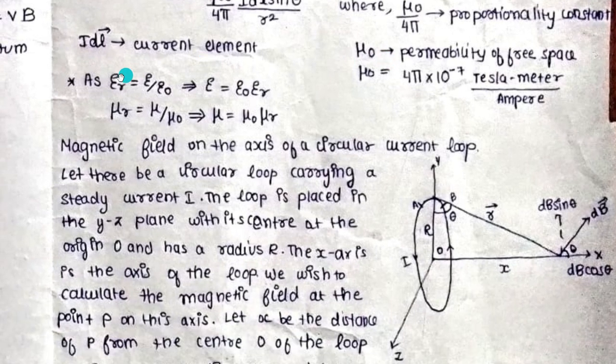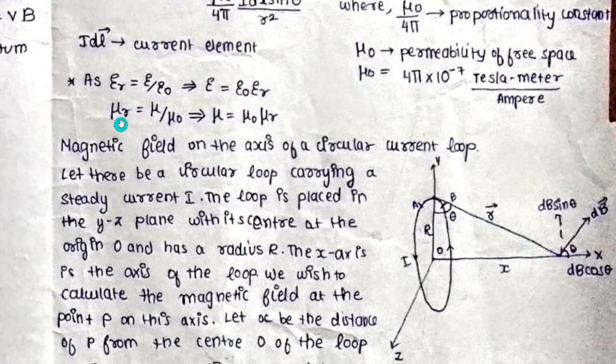So the relative permittivity can be written as epsilon by epsilon naught, so the permittivity of a medium is the permittivity of free space times the relative permittivity.